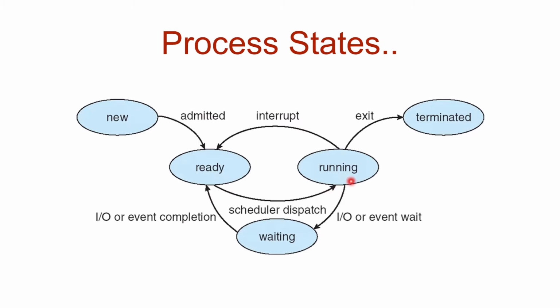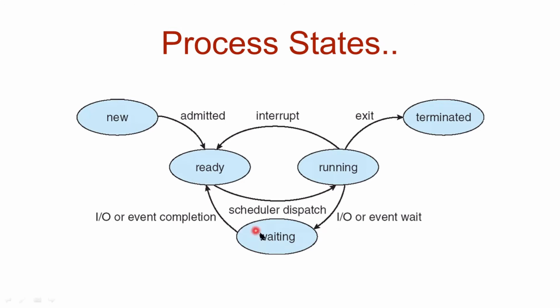If the device is not free, it has to go into waiting state. It will wait for that particular input output device. And once the device is free and it has been served, then it will again go back to ready state.